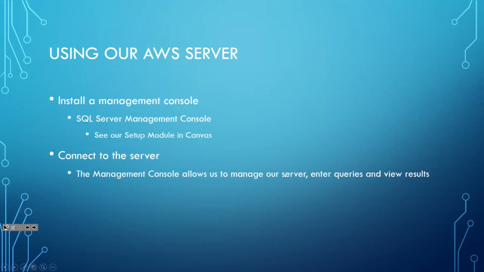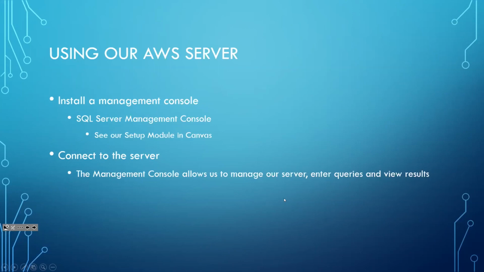Whereas our Amazon Web Server is different. To use it, we're going to need to install a management console. Microsoft SQL Server Management Console is going to be the software that we'll use. And we'll use this software to interact with and connect to our server. So through this console software, we can issue all of those commands, like to create tables and do queries and things like that.